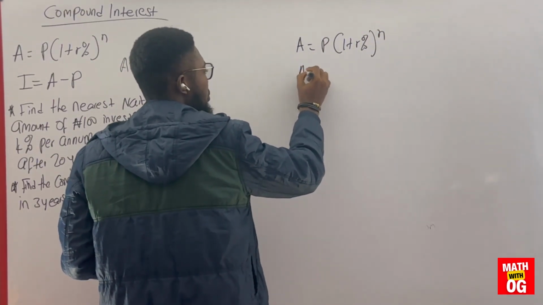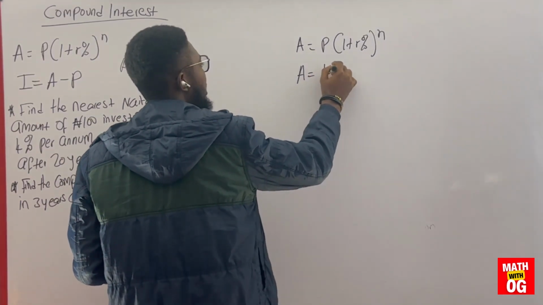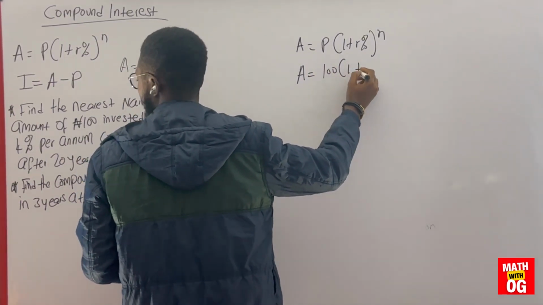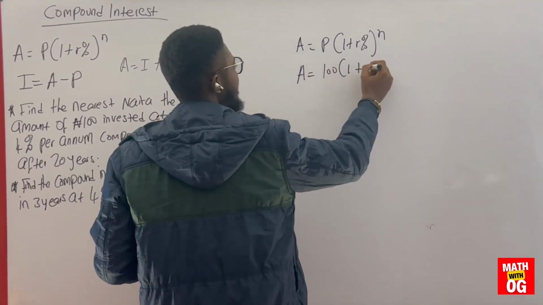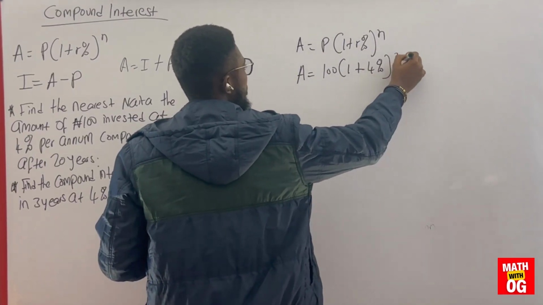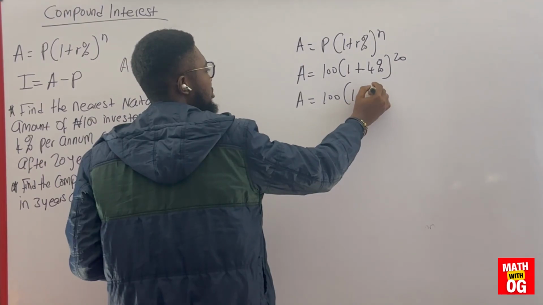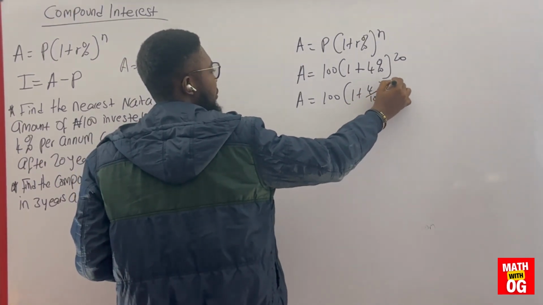So the amount which I'm looking for is equal to my principal here, which is 100 naira, 1 plus R%, where R is 4%, so I can put 4% here, and my time is 20 years.